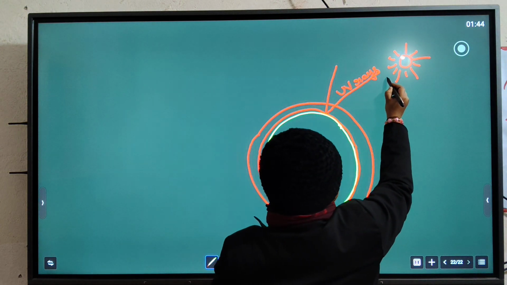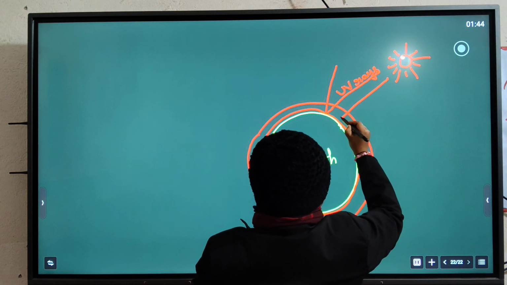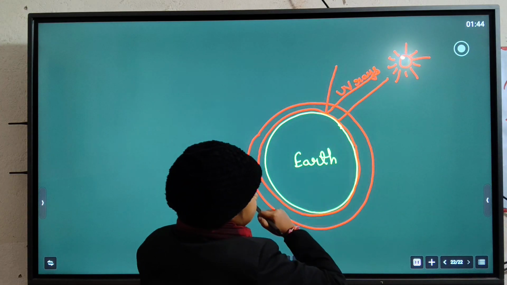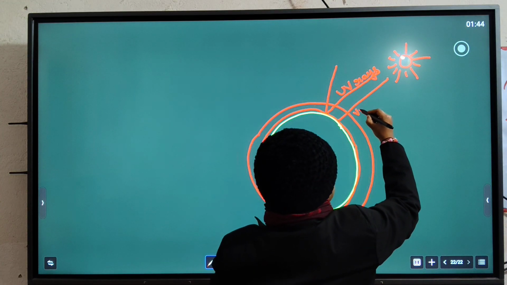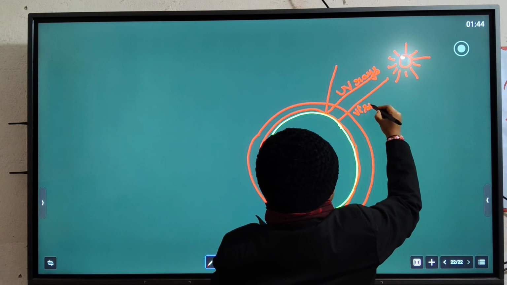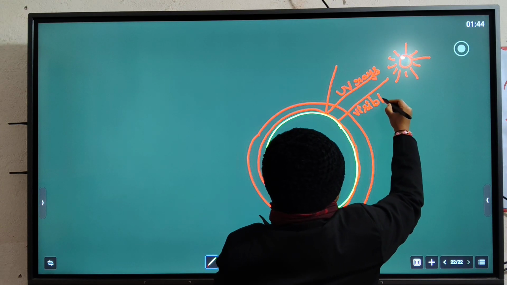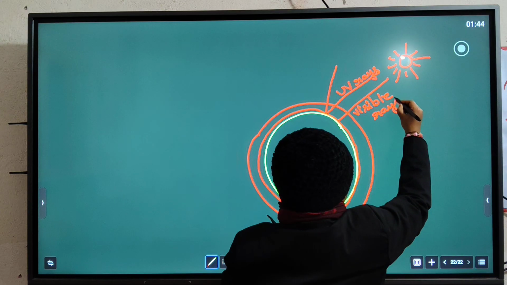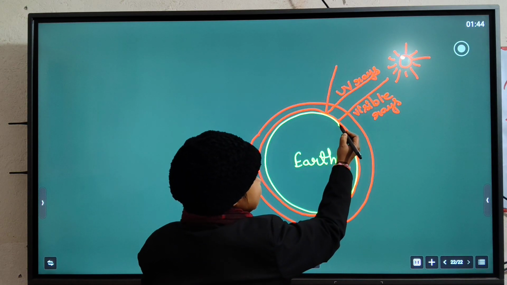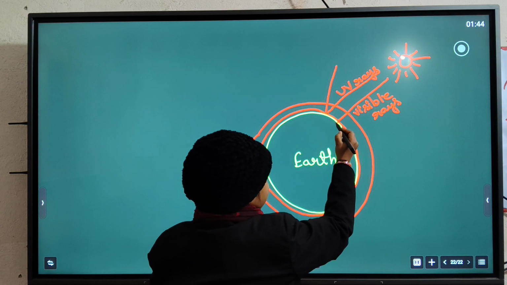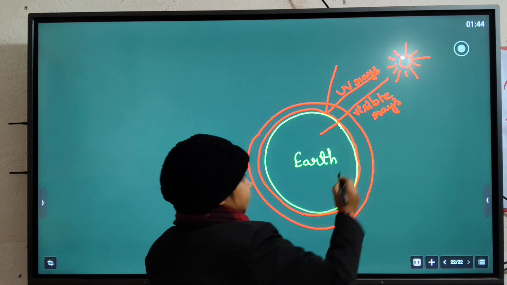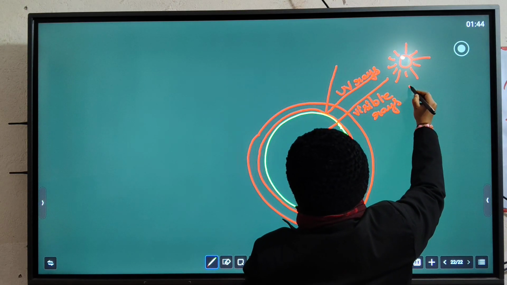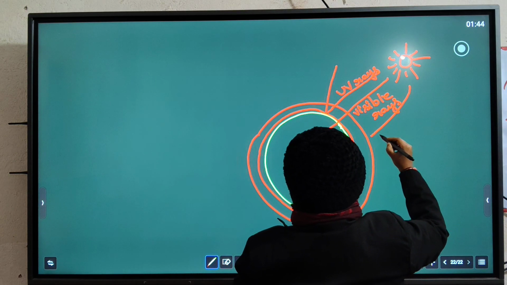Now, second are the visible rays coming from the sun. These visible rays pass through the atmosphere and come to our earth. And the last, the infrared rays.